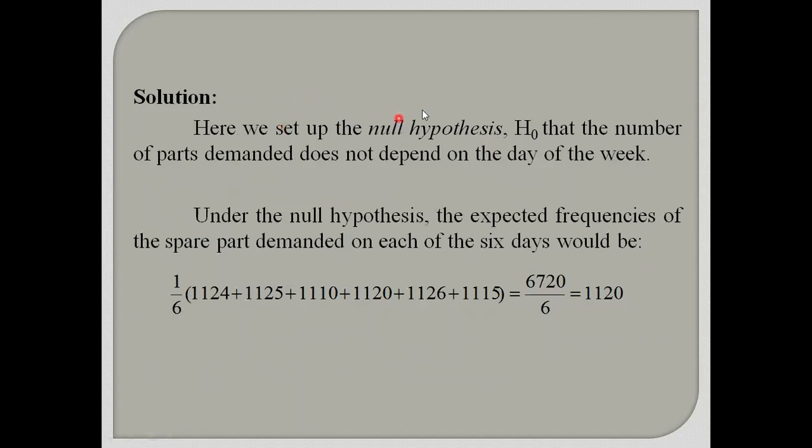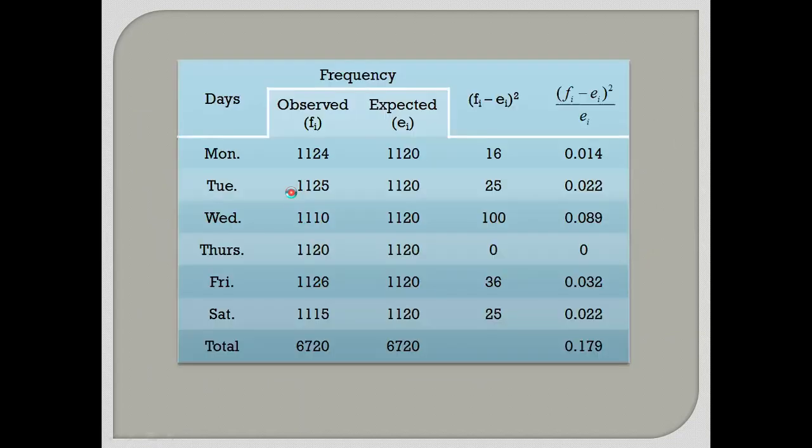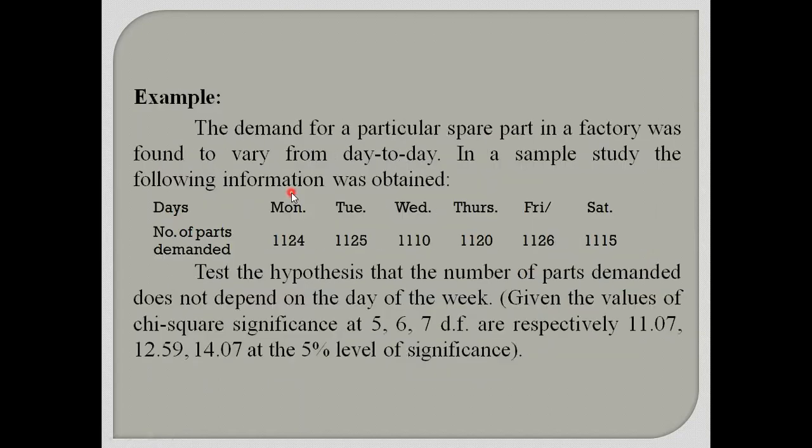First we set up the null hypothesis. The null hypothesis is that the number of parts demanded does not depend on the day of the week. Does not depend on the day of the week means it cannot depend on it being Monday, 1124, or Tuesday, 1125, like they have given. It is not according to a particular Monday or a particular day.